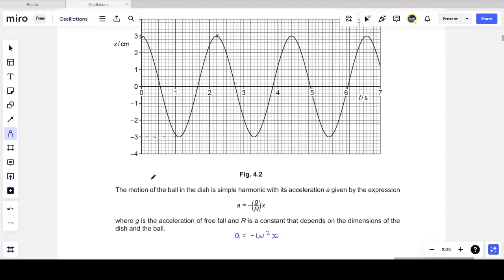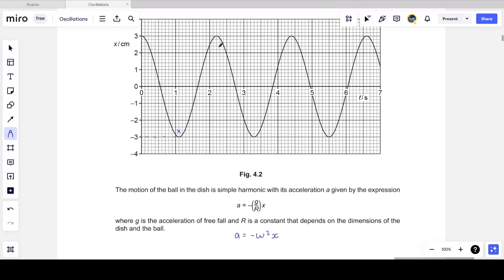Now, they don't tell us how the ball is being damped, but they do tell us that it is being damped. So what I need to do is draw light damping. Simple. How I draw it is up to me, but it must be consistent. So I just choose an amplitude. And what I know about damping is that when an object's motion is damped, each consecutive amplitude is less than the previous one.